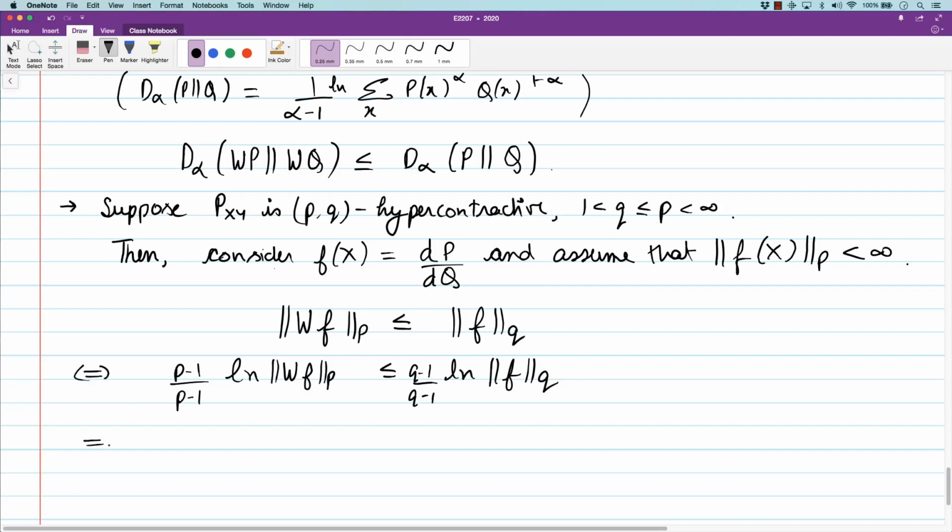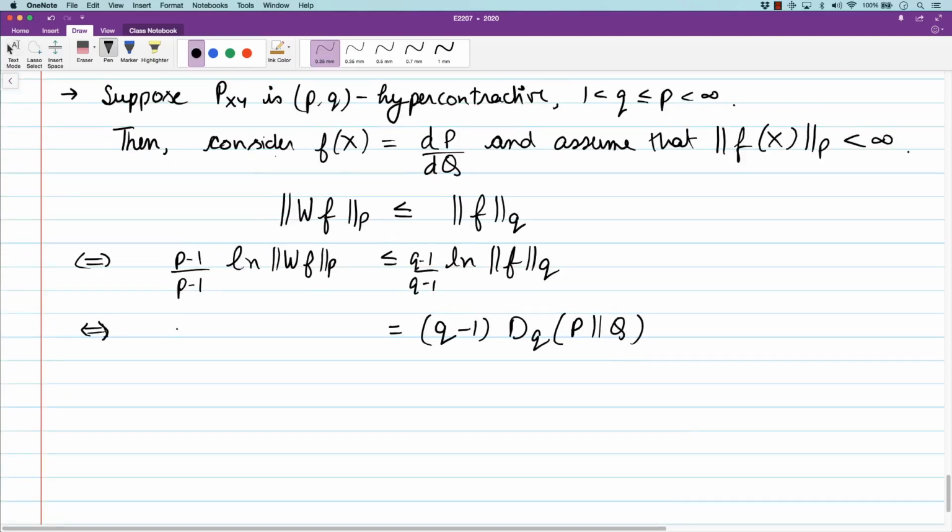So which is the same as saying that, this right side here is exactly equal to q minus 1 into the qth Rényi divergence between P and Q. But what is this left side? We'll see what this left side is.